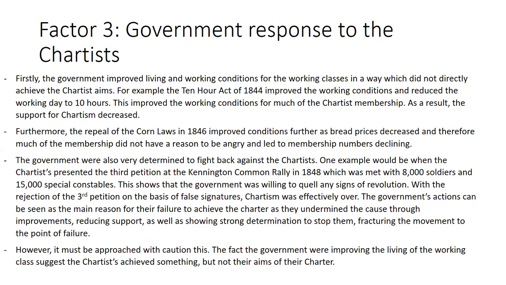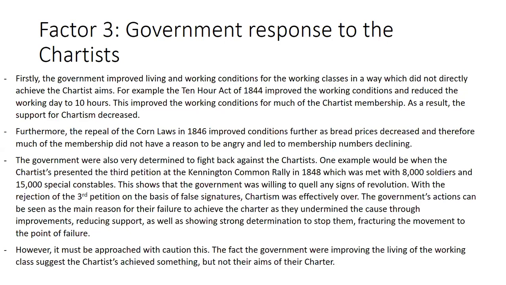You also had the government being very determined to fight back against the Chartists. So in 1848, with the Kennington Common Rally, the government had 8,000 soldiers and 15,000 special constables, which shows that the government were very determined to destroy any sign of revolution.